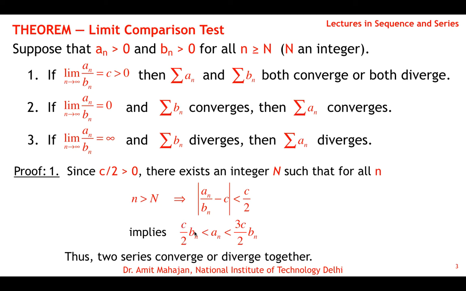So c by 2 times series bn also diverges, and by the comparison test any series bigger than a divergent series is divergent. So by the left inequality the series an also diverges. So series an and series bn either both converge or both diverge together, if this holds. So that's the proof of the first case.